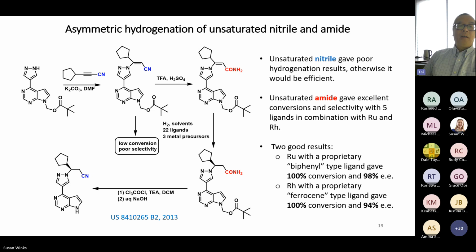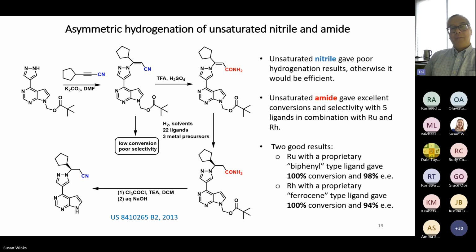Unfortunately, we screened 22 ligands with 3 different metal precursors, and all of them showed very low conversion and literally no selectivity for the alpha, beta-unsaturated nitrile substrate. So, it is known in the literature that if the nitrile group is converted to a primary amide, there is a bit more literature precedent on the reduction of that tri-substituted olefin. So we have some really exciting results on that.